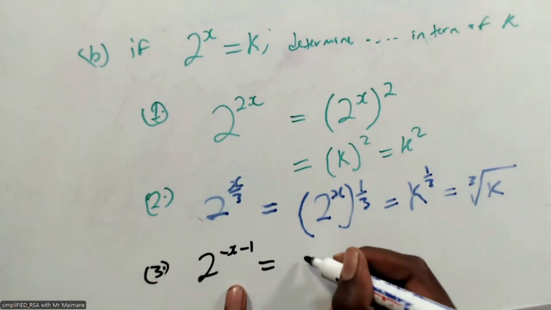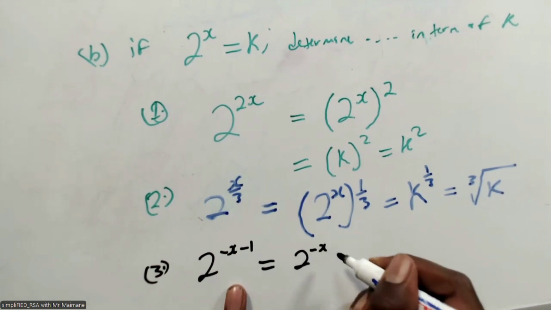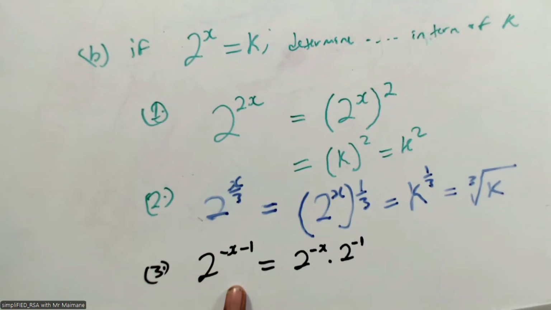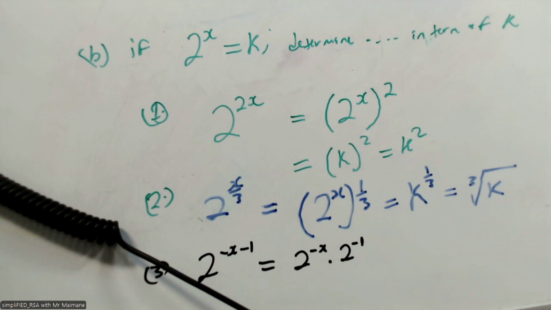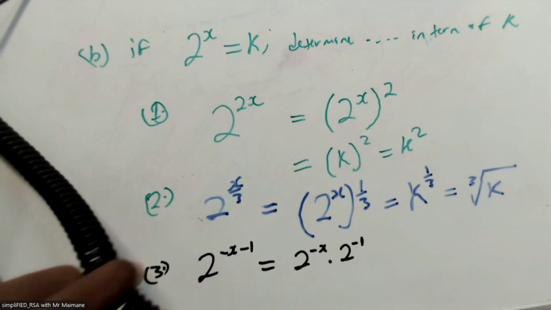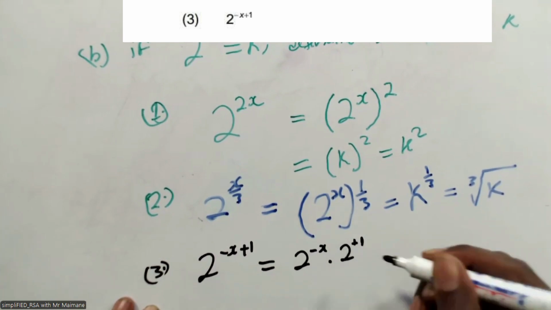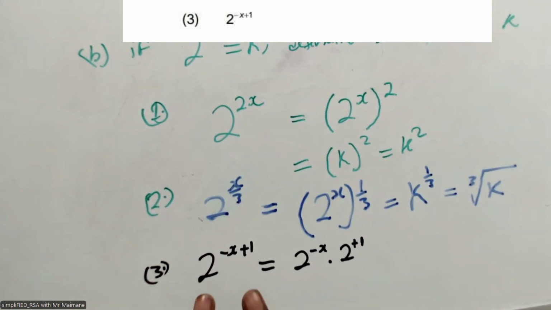You can write this in the form of 2 to the minus x into 2 to the 1. Oh, no. I copied the question wrong, guys. It should be a plus here, not a minus.